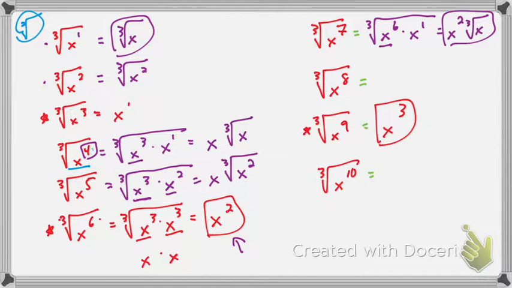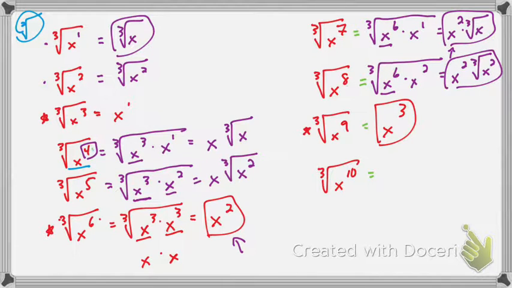I have x squared times the third root of x. Then this one is going to break down to the third root of x to the 6th again, times x squared. 2 plus 6 is 8. So then the third root of x to the 6th is x squared. So it looks just like this one, but the problem is I have x squared inside that cube root. So now that one's done.